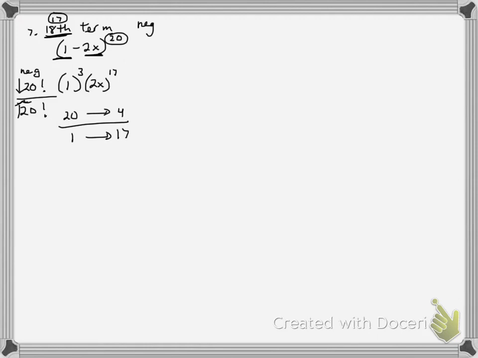If you think of canceling, I'm going to cancel all the way through 4, and I'll be left with 20 times 19 times 18, canceling up through 17, and 1 times 2 times 3. If you can see that, that would be a big help to you. Then 3 goes into 18 6 times, 2 goes into 20 10 times, and I'm going to multiply that out.